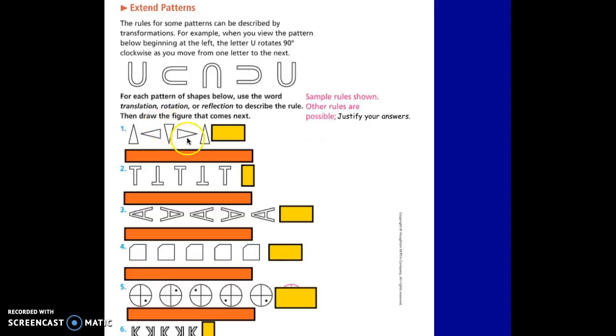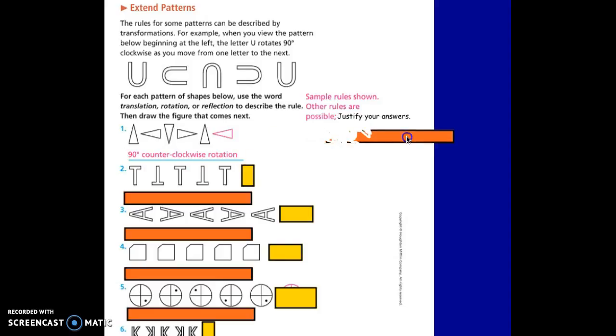All right, I see a turn here, so a rotation, and I'm going counterclockwise. It looks like 90 degrees. So I'm going to guess that this next one, the point is going to be over this direction. Let's take a look. It'll move for me. There we go. All right. So it is a 90 degree counterclockwise rotation.